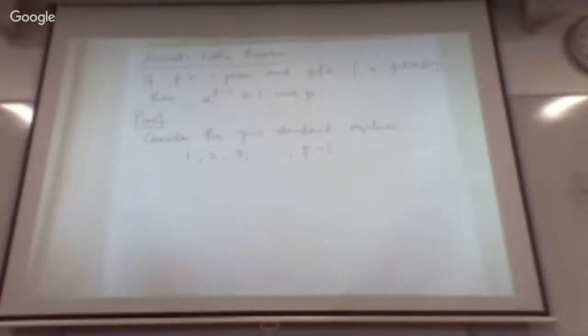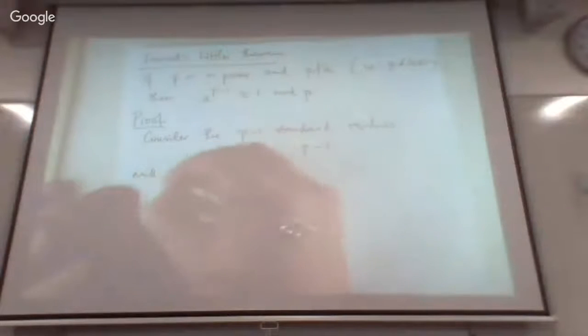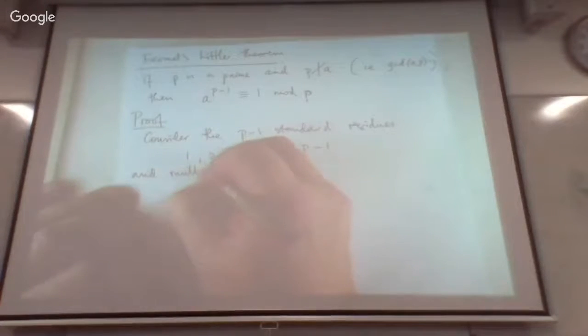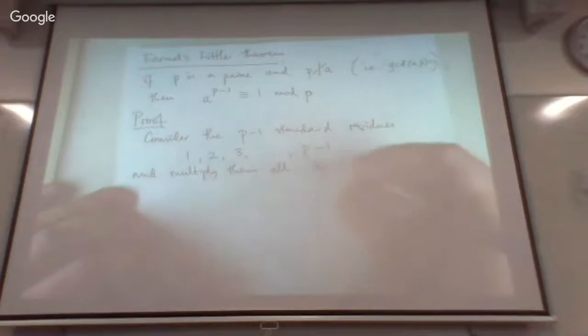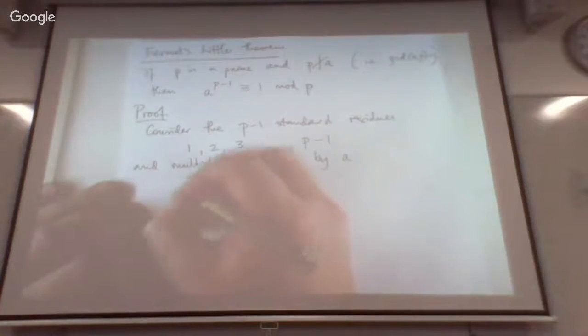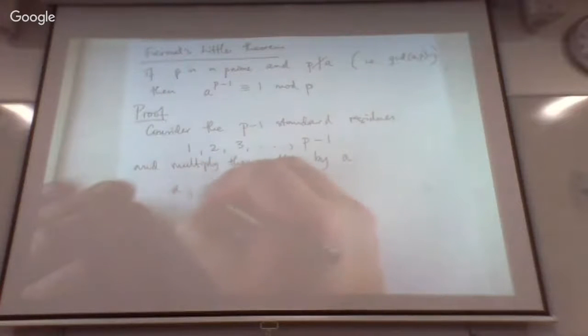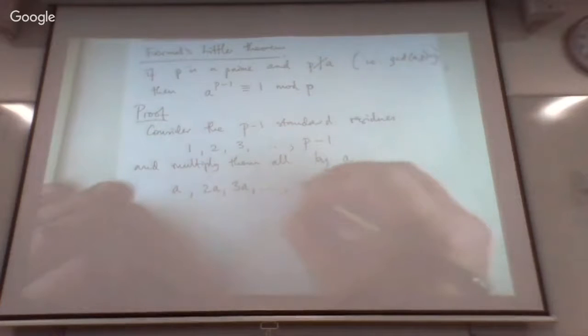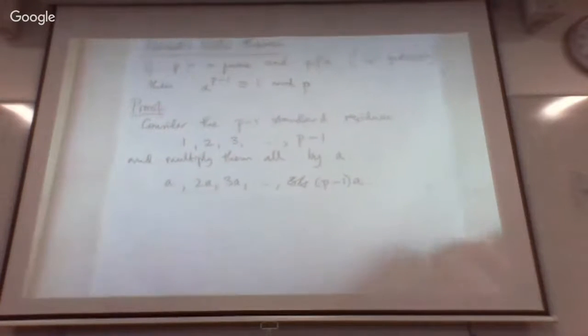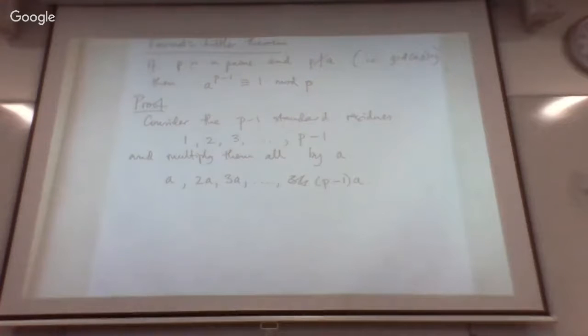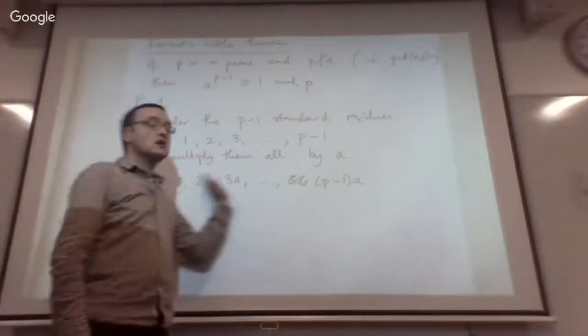But we consider these ones, and multiply them all by A. So you've got A, 2A, 3A, up to P minus 1 times A. And what we're going to do is multiply them all together.